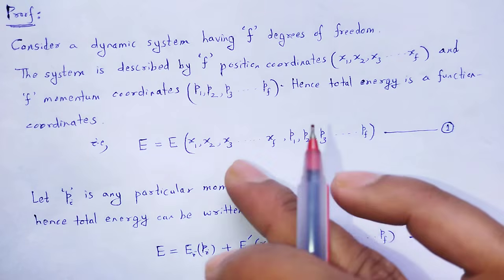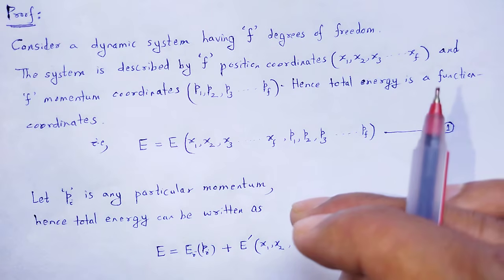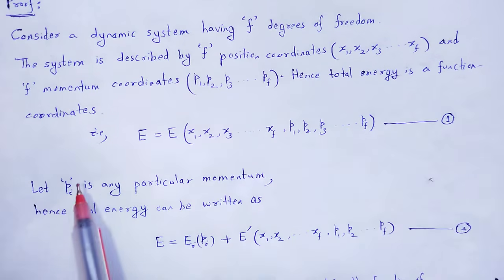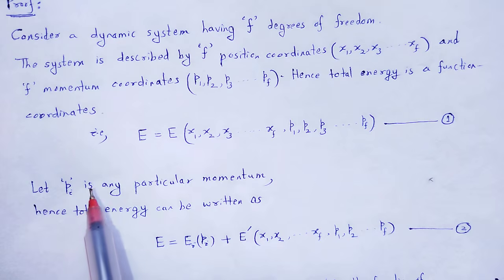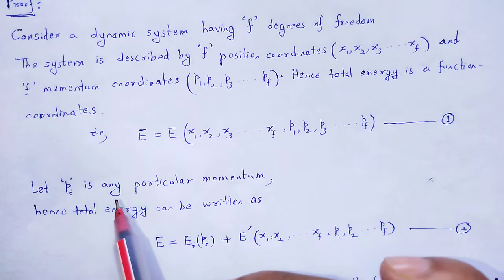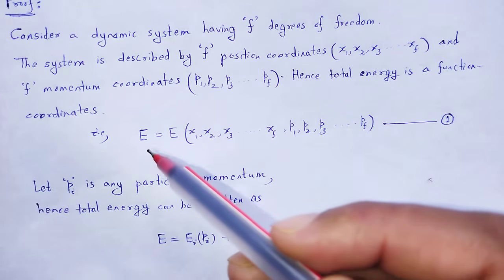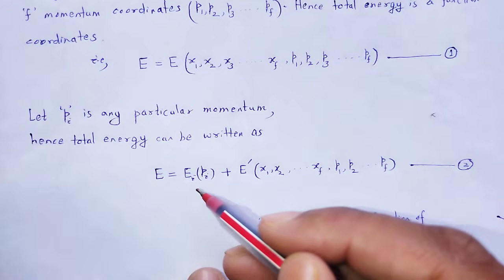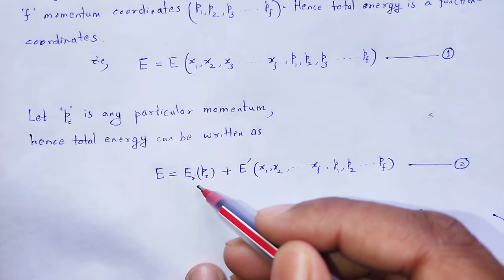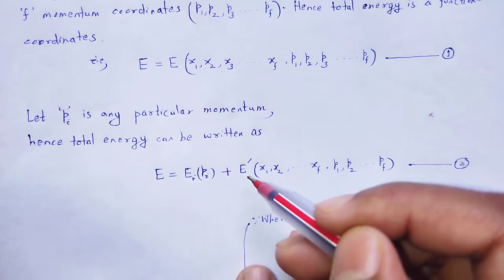Let me consider the ith particle within that thermodynamic system. It has momentum pi and the energy associated with that particle, let it be ei. So the total energy we can write as ei, the energy of the particle with momentum pi, plus E dash.